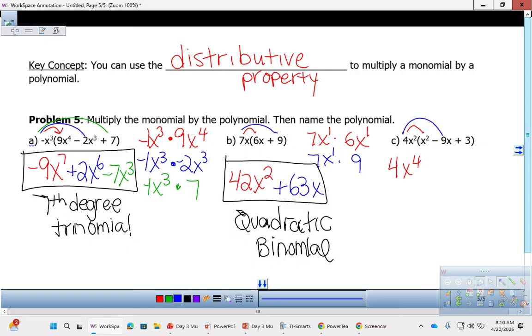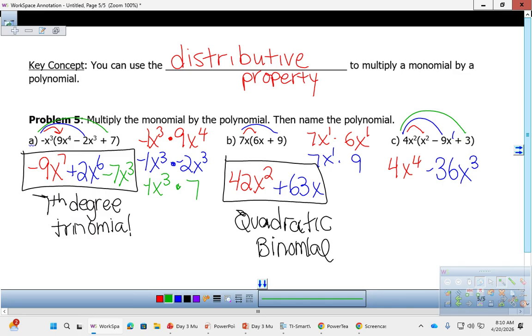4x squared times negative 9x. I'll multiply the coefficients. 4 times negative 9 is negative 36. I'll keep the base, and I'll add the exponents. It's 2 plus 1, right? Because even though that doesn't have an exponent, because it has an x, it's a degree 1. So 2 plus 1 is 3. 4x squared times 3.